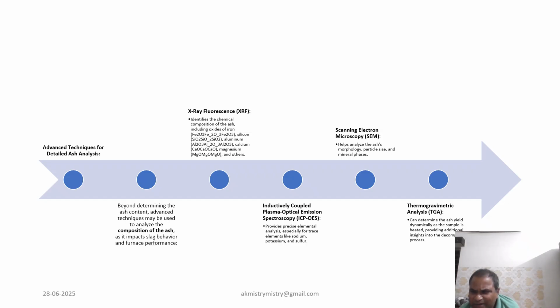So this helps us understand how ash affects blast furnace performance and emissions. The repetitive O2 likely points to oxide compounds. These oxide compounds are important, especially in analyzing the burnout. So let's explore why this matters next.